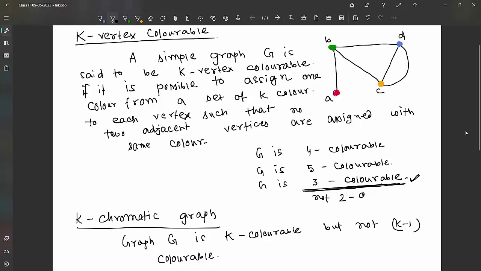Not 2 colorable. That means you can color the graph by using 3 colors, but you can't color the graph by using less than that, that means by 2 colors or by 1 color. So then we say that this is a K chromatic graph if this graph is K colorable but not K minus 1 colorable.